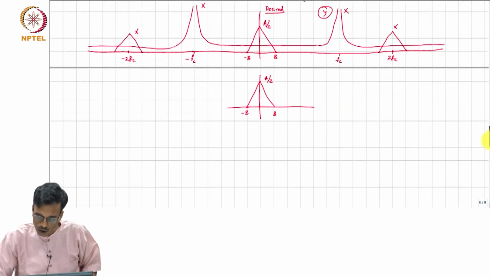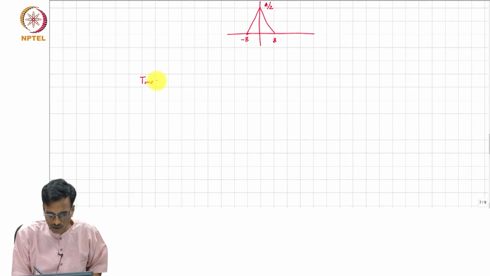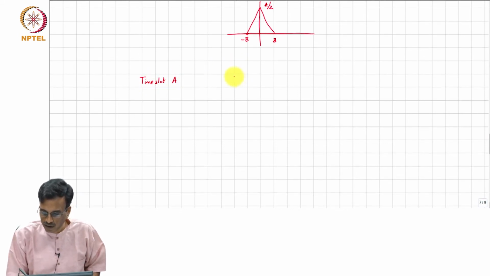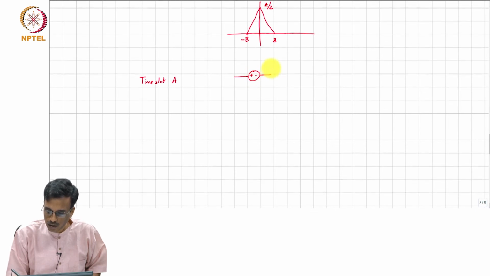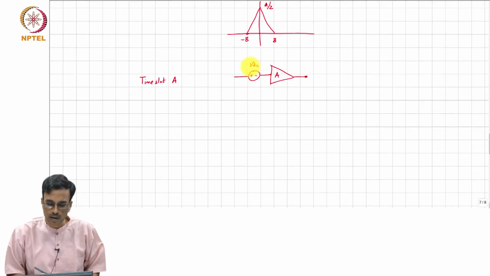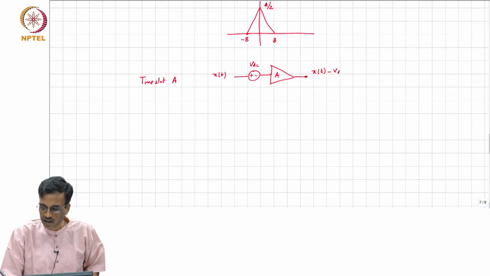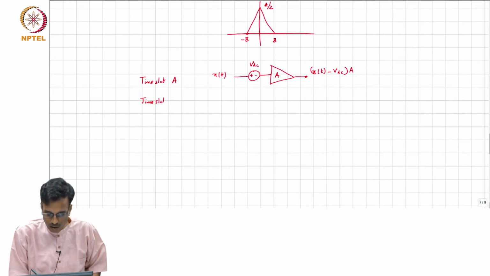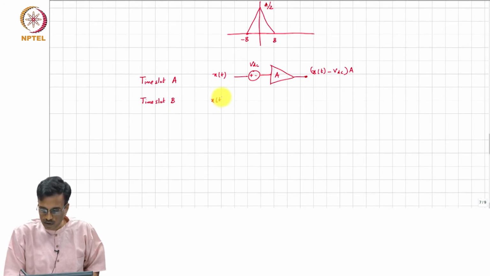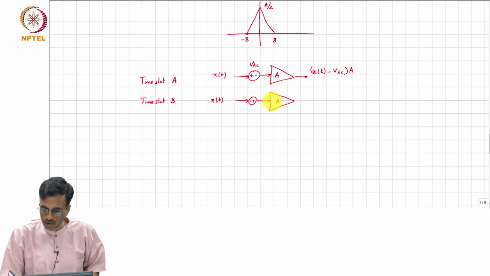So intuitively, what you can do is, in time slot A, you can process the signal, and so if you put x of t, you get x of t minus VDC times A. In time slot B, you put x of t and you flip the sign of the amplifier.